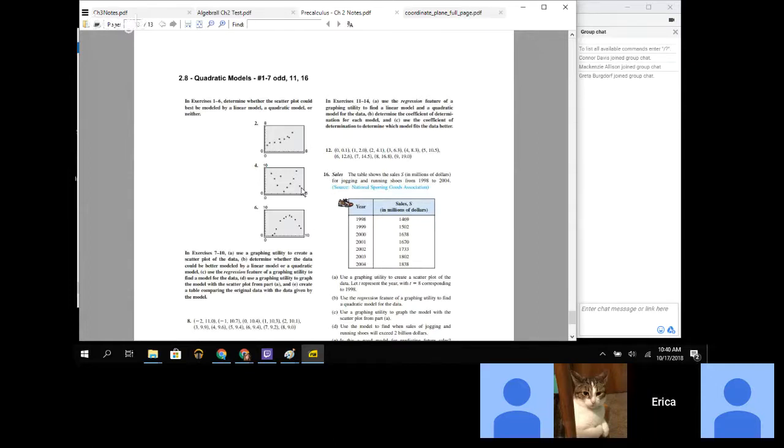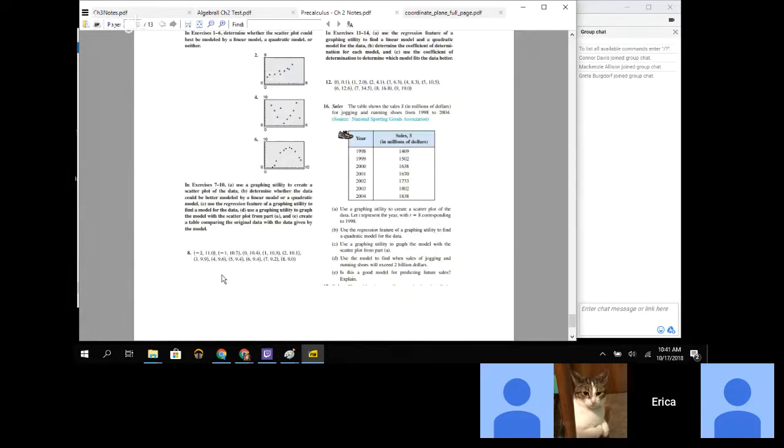I'm going to take that as a yes. So in exercises 7, 11, and 16, we're going to do this. Let's do number 8, which is on your homework. The instructions are long, but it's not too difficult. Part A, use a graphing utility to create a scatter plot of the data.